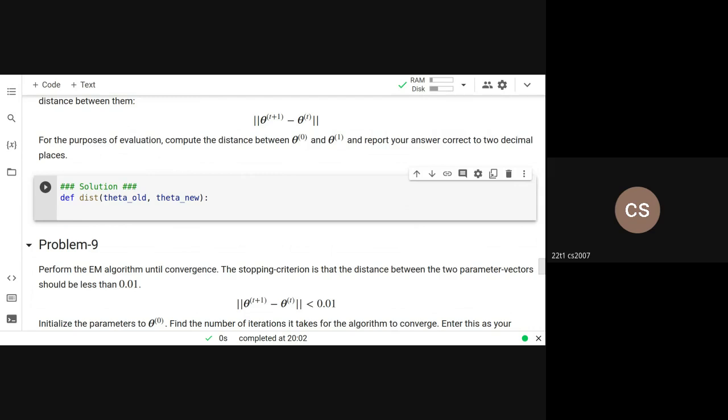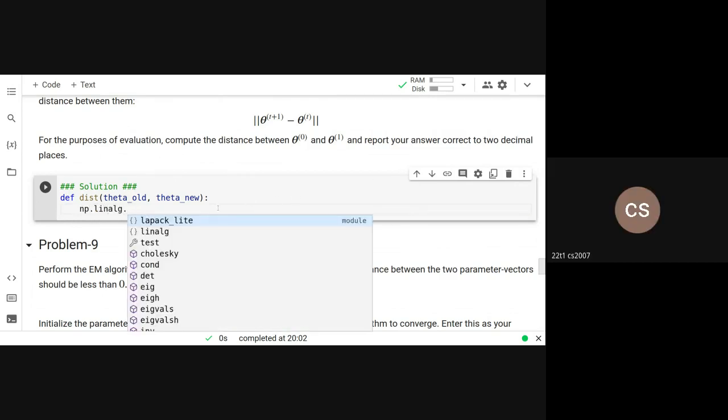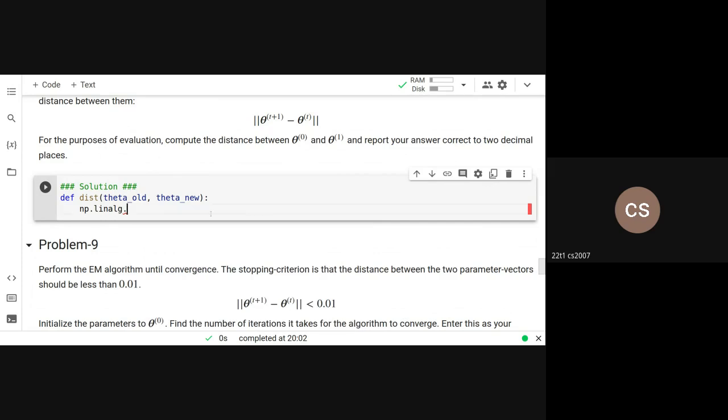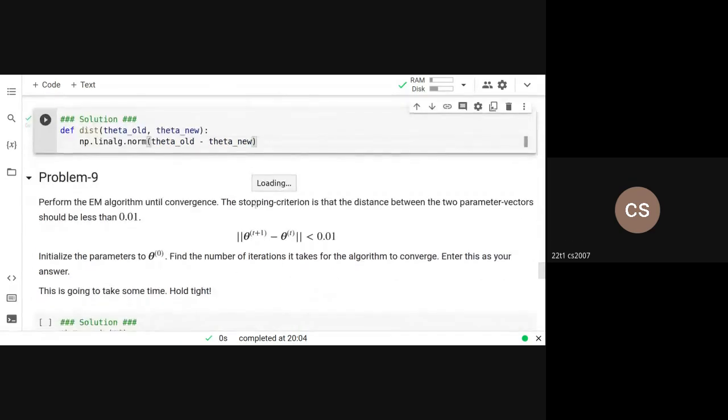Anyone? Linalg. Okay, that is correct. And the norm, right? So this is nothing but the norm of the difference between these two vectors. Okay, so that is done.